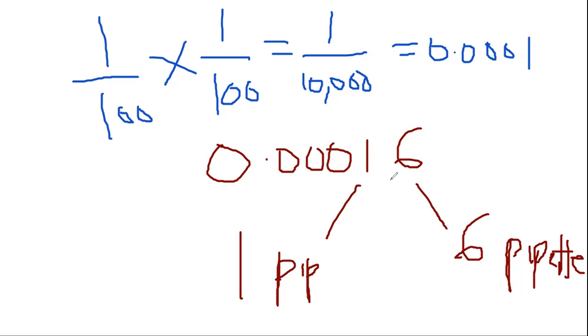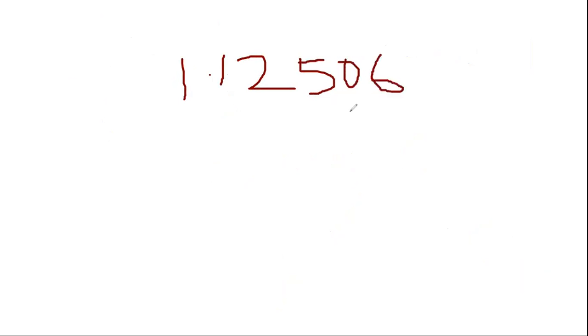6 pipettes. Now, let's say I have a simple exchange rate. Probably I have an exchange rate of 1.12500, or 1.12506.